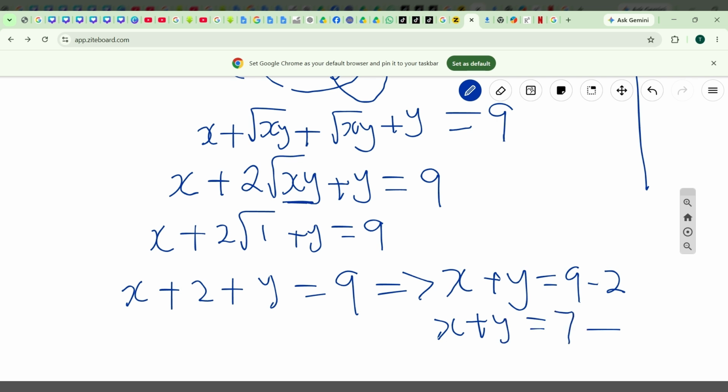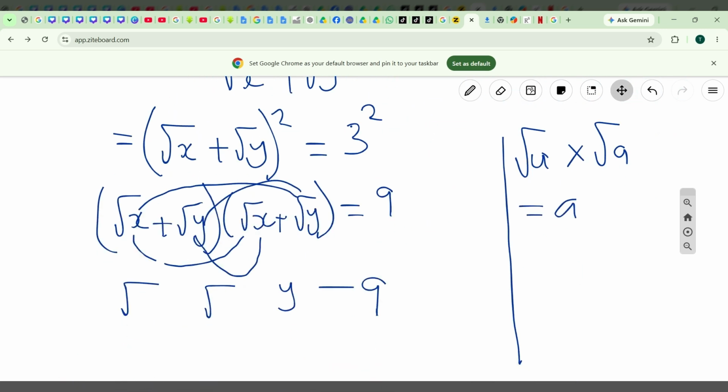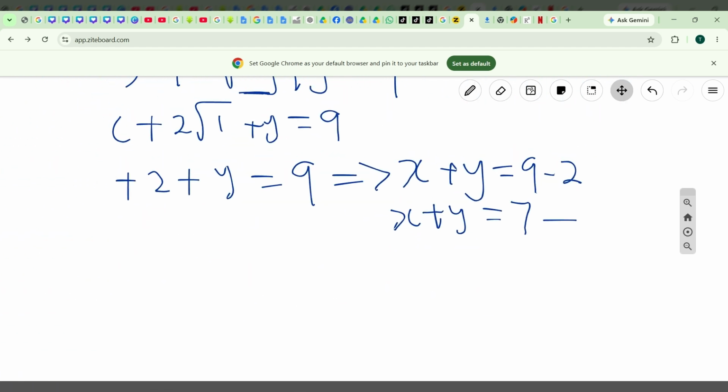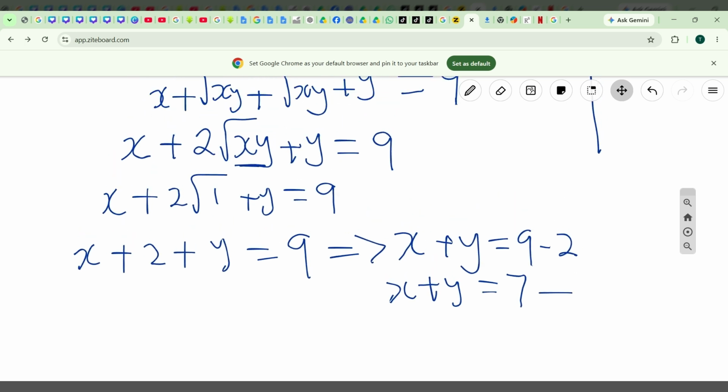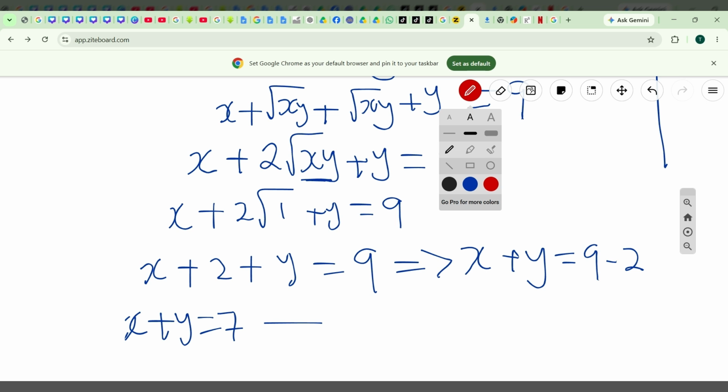We've only had equation 1 so far, so I can call this equation 2: x plus y is equal to 7.